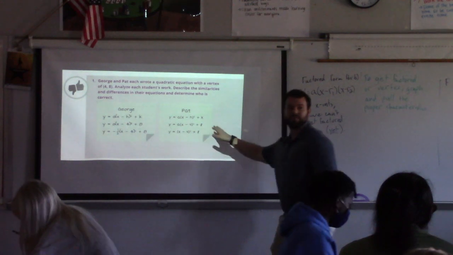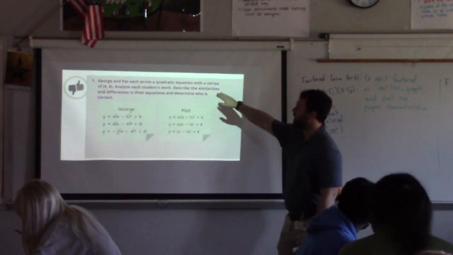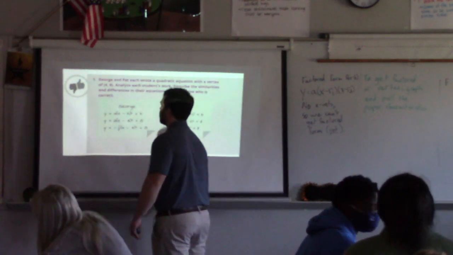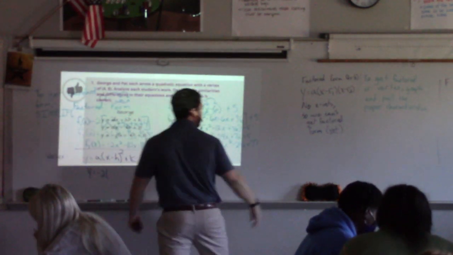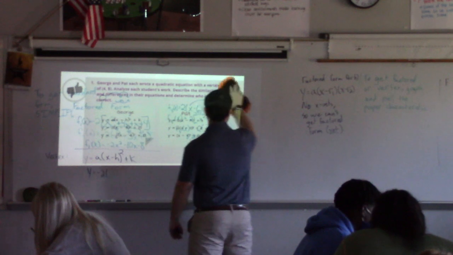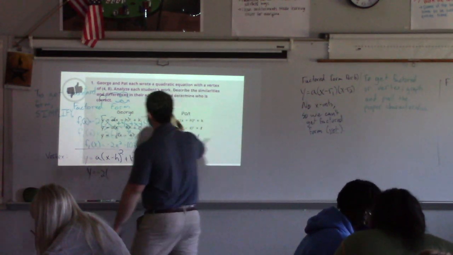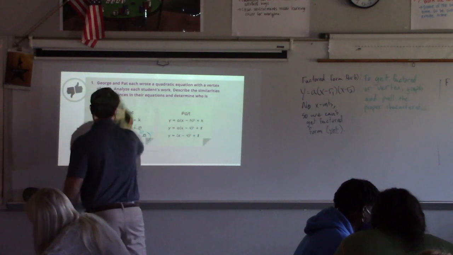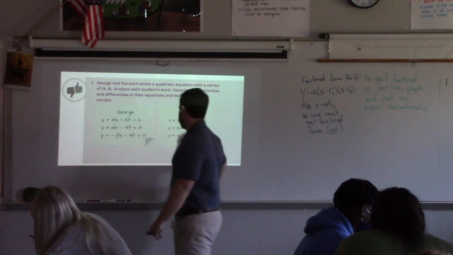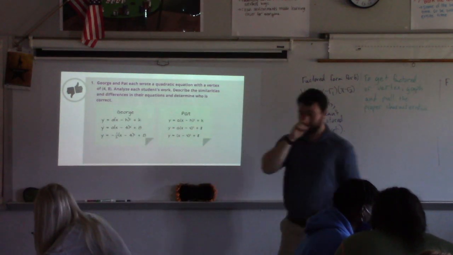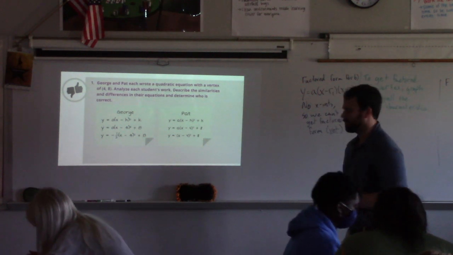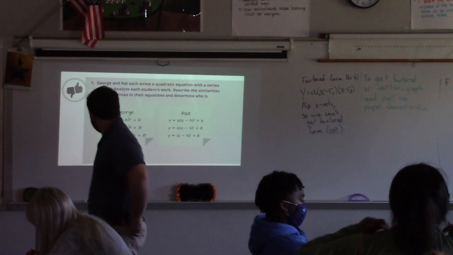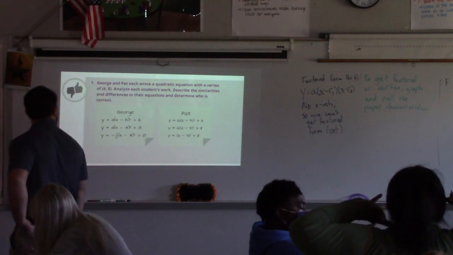So, George and Pat wrote 2 different equations with that given vertex. Who do you think is correct? Like the one half. I think George is wrong. Why? Because he didn't simplify all the way.